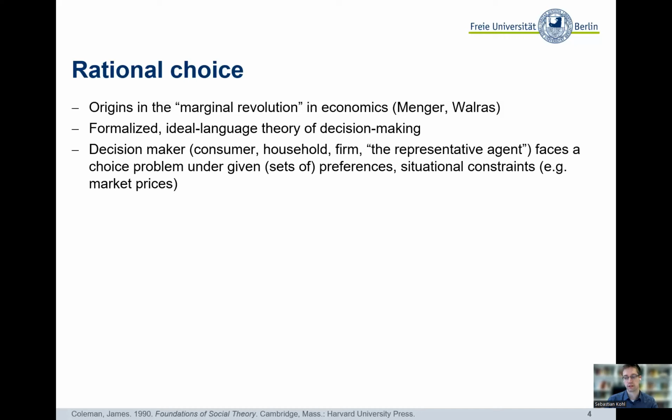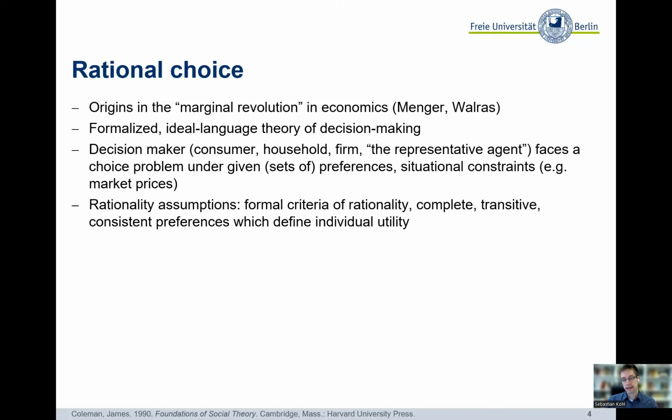So that would be a situational constraint. A typical situational constraint in the economics version of the rational choice model is obviously then the market prices, which are usually in a competitive market in these models taken for granted, or just are not determined by actors, but they have to be taken.